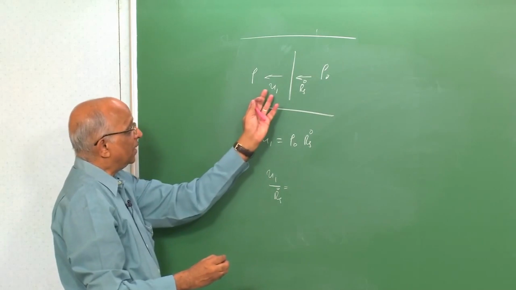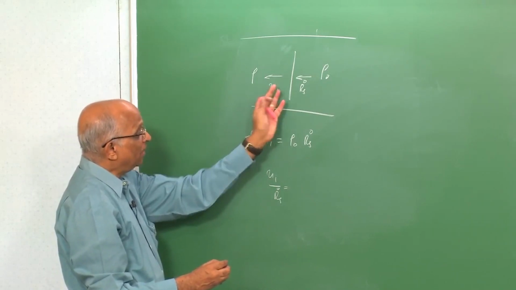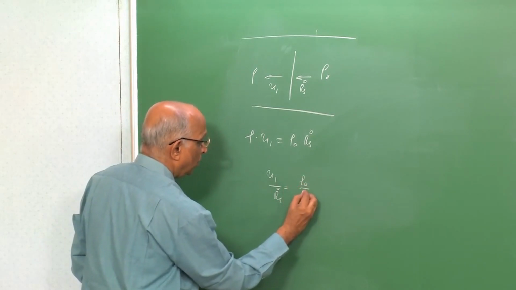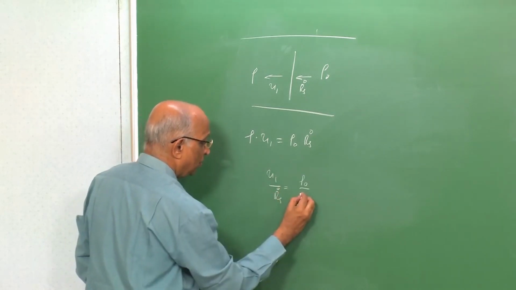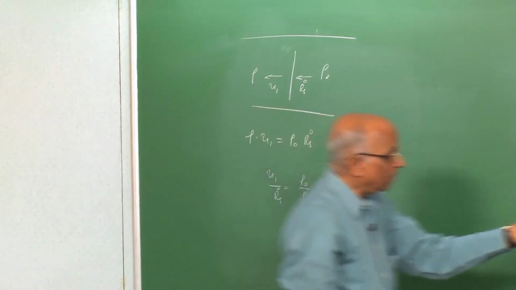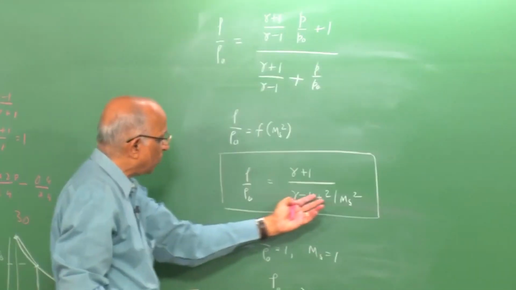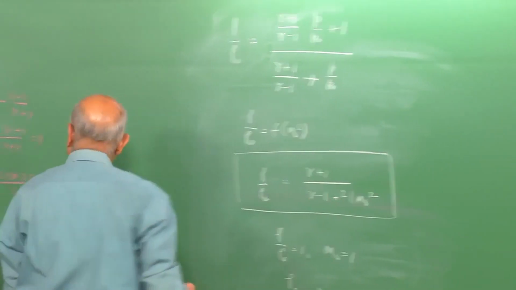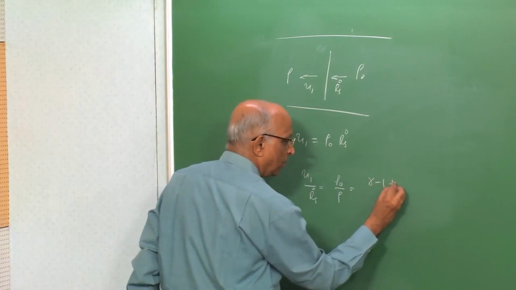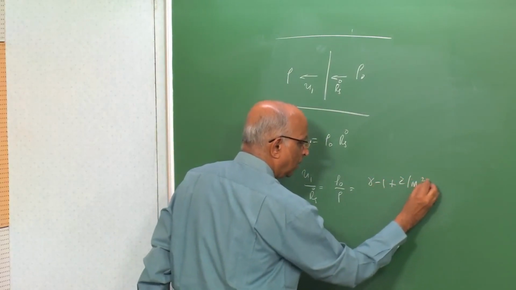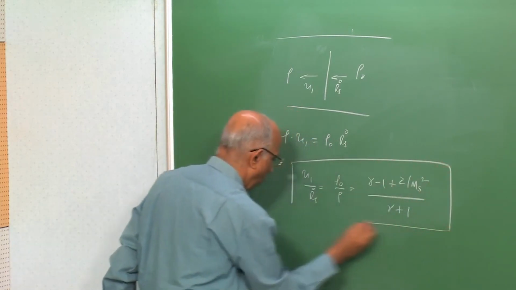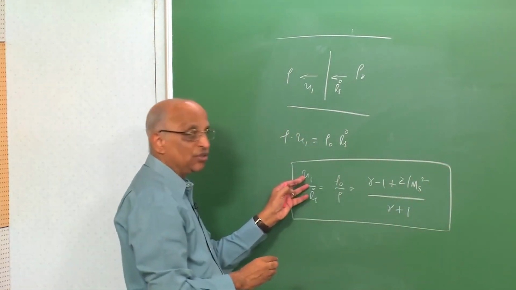That means the velocity behind the shock wave in the frame of reference of the shock wave is equal to rho 0 by rho times R s dot. But rho by rho 0 I already have the expression, namely gamma plus 1 divided by gamma minus 1 plus 2 over ms squared. Therefore u 1 by R s dot is equal to gamma minus 1 plus 2 over ms squared divided by gamma plus 1, and this gives me the velocity of the gases behind the shock front.